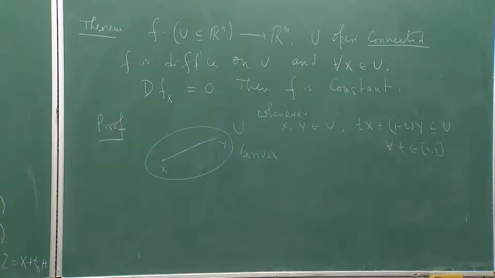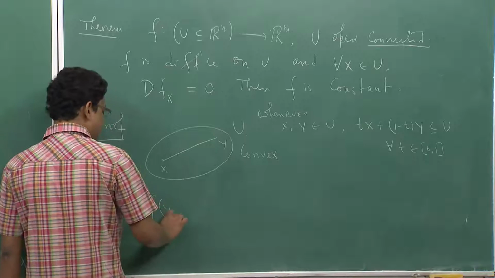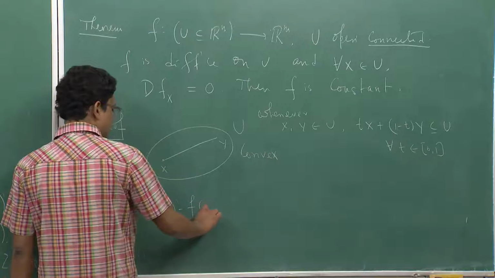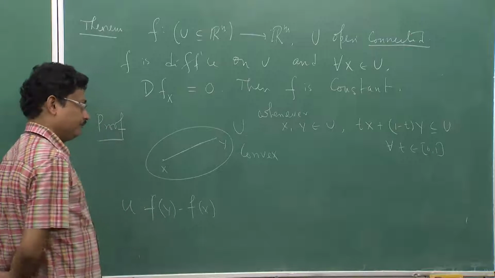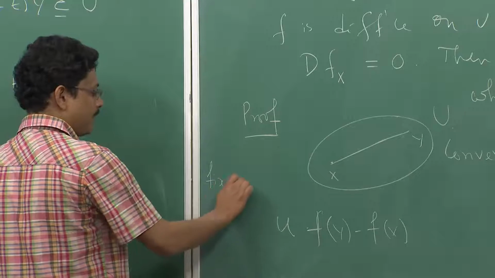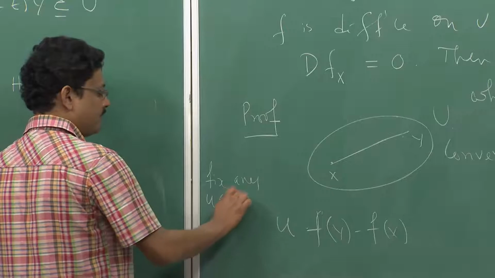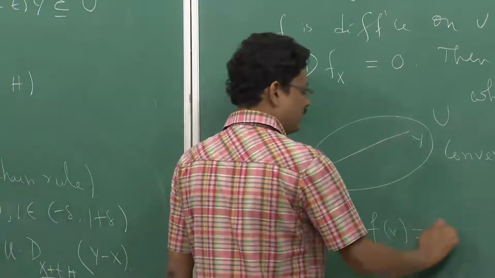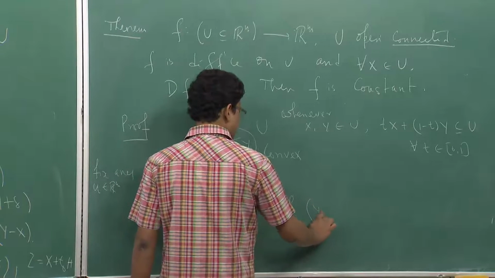Now, you can apply MVT directly. How? MVT will tell you f(y) minus f(x), you fix any direction u, so fix any u in R^m, is equal to u dot Df(z)(y minus x).